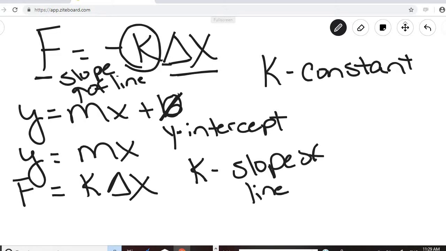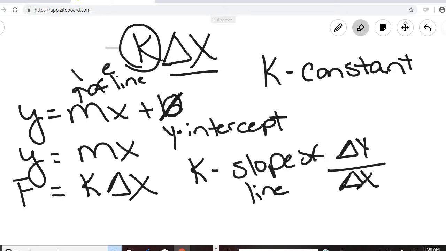So it's the change in y over the change in x. Well, what does that tell us? The reason k is important is that k, which is the slope of the line, tells us about the strength of the spring.